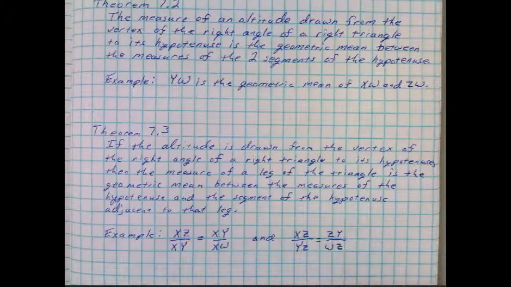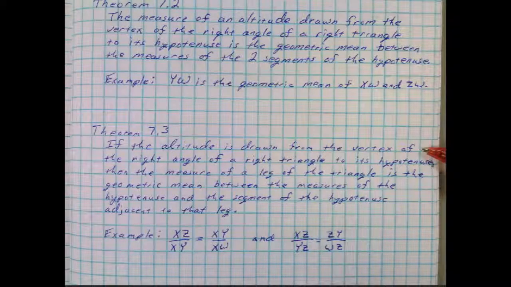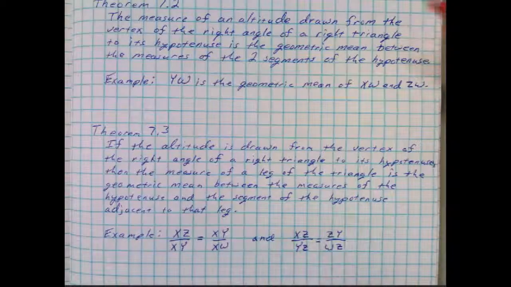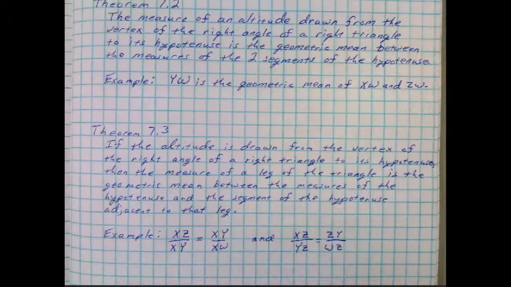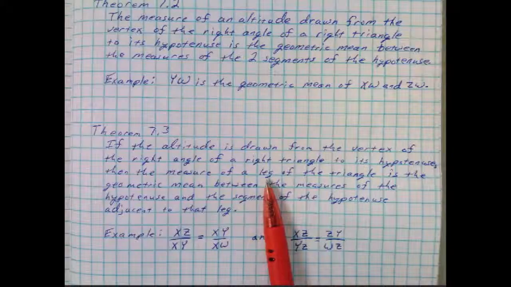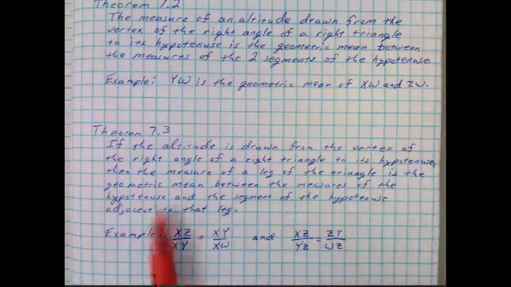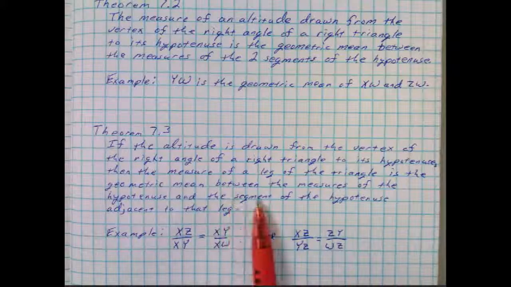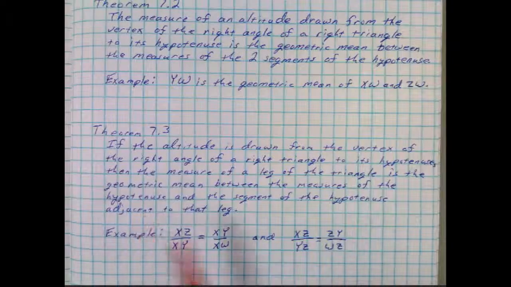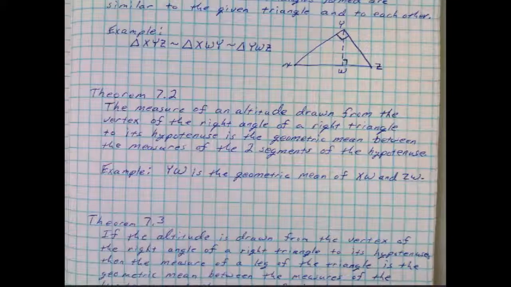Alright, so the last one then says if the altitude is drawn from the vertex of the right angle of a right triangle to its hypotenuse, okay, so that's what we had in the picture that's up above here, then the measure of a leg of the triangle is the geometric mean between the measure of the hypotenuse and the segment of the hypotenuse adjacent to that leg. Okay, so we're looking here.